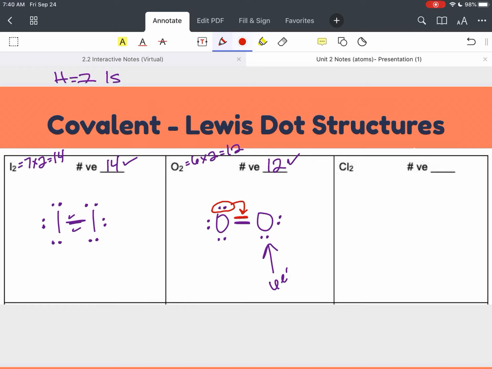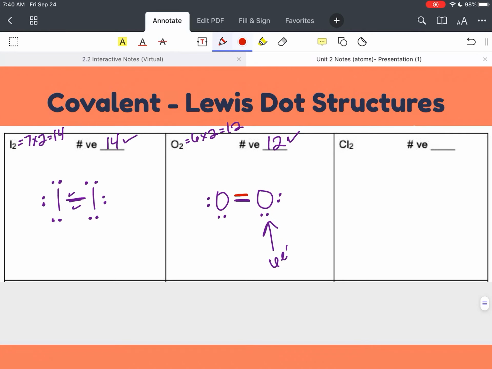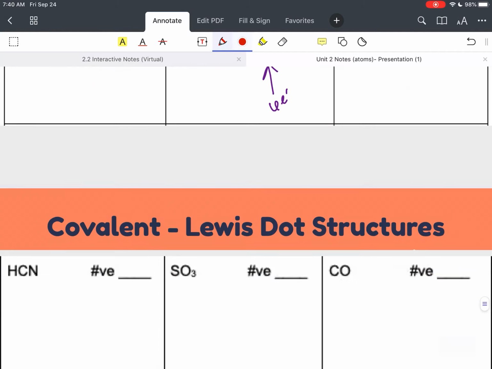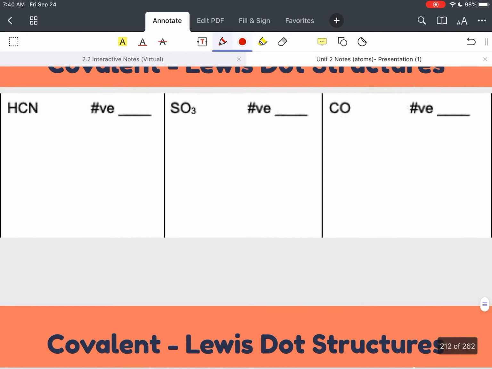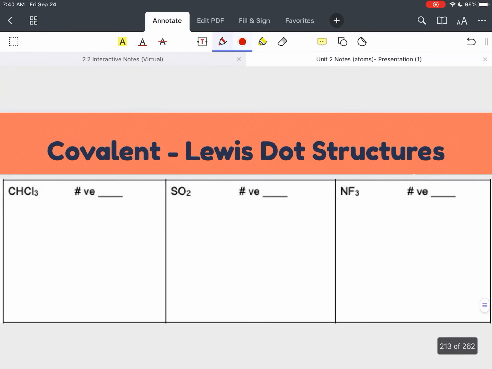So we're going to put a line there and erase the ones we moved. Now we still have 12: 2, 4, 6, 8, 10, 12, and everybody has 8. This is called a double bond right here. When you have 2 lines, it's a double bond. Let's see what other one I want to do.